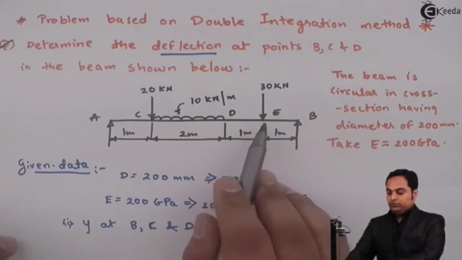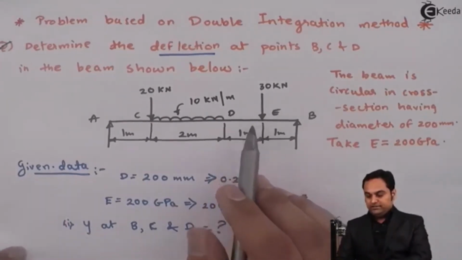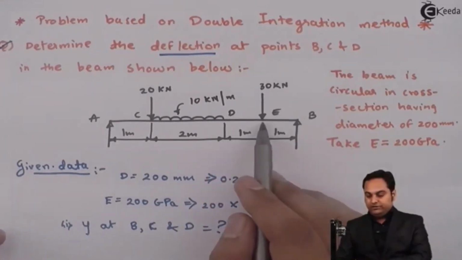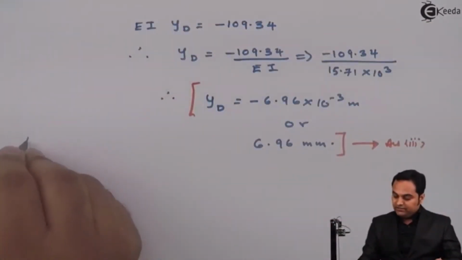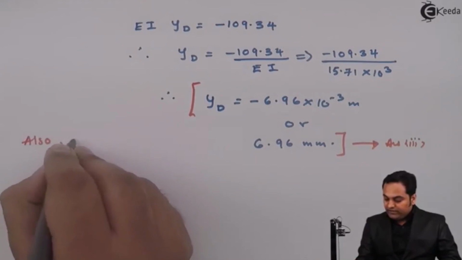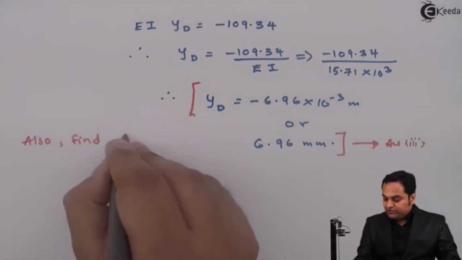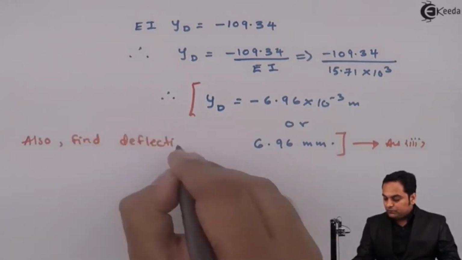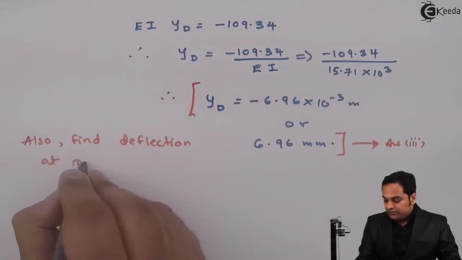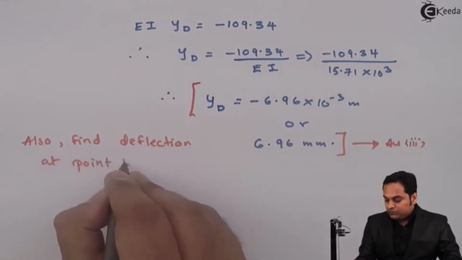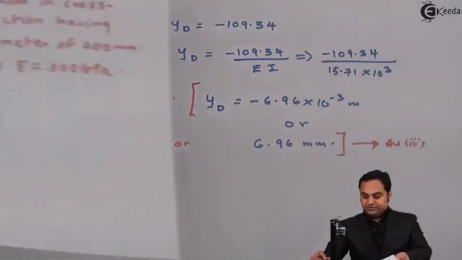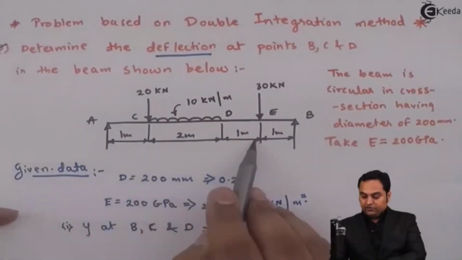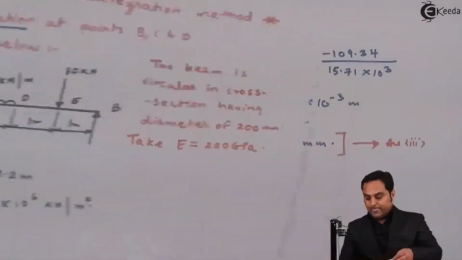Now let us try to add one thing in the problem, that is find the deflection even at point E, which is not asked, but I am adding this. So here I'll say that also find deflection at point E. So to calculate the deflection at point E, now its distance is 4 meter from A, so x will be 4 meter.